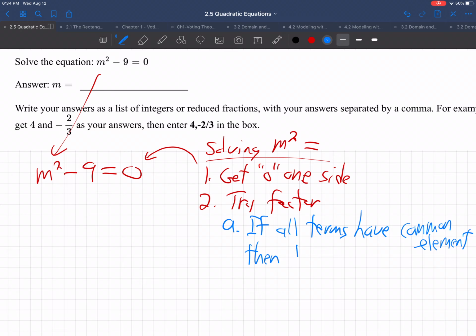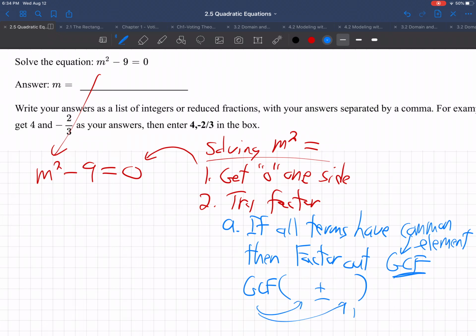If so, then factor out the GCF, it's called, which is the greatest common factor, the common element. You put the GCF in the front, and you put one big parenthesis with the plus or the minus in the middle, so that it would multiply correctly. So that's if you have something in common.